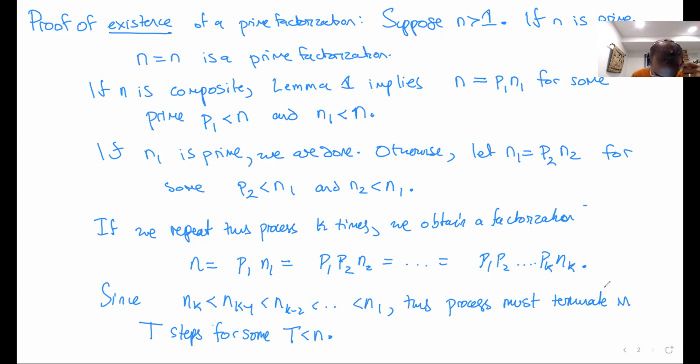And by terminate, that means that it actually finds a prime number, right? Because it either finds a prime or decreases n. And so you can't decrease infinitely many times.